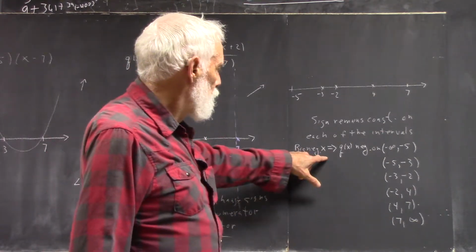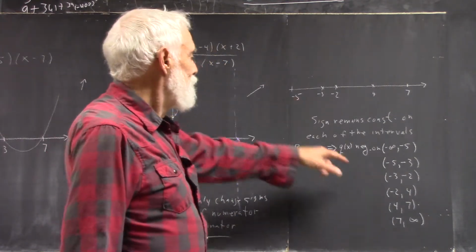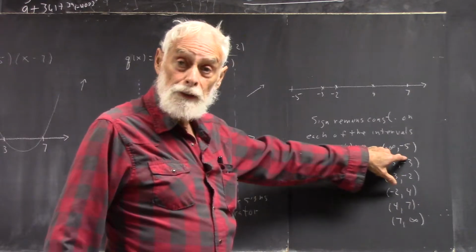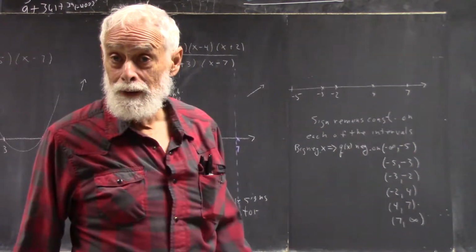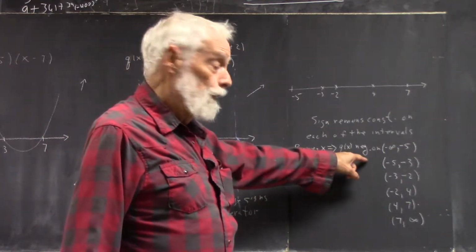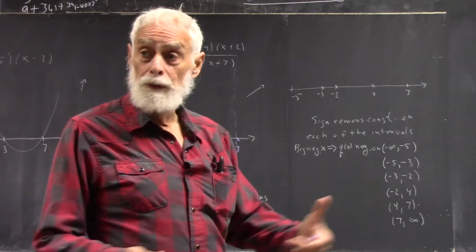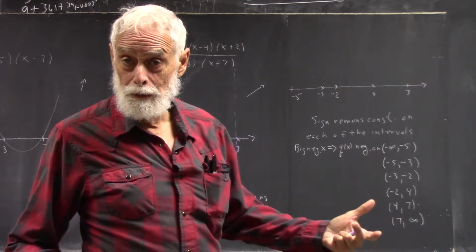a big negative x. In other words, you have big negative x's in this interval, so just pick a big negative x, and you can reason out that q of x is negative on this interval, just the way you always reason out far left behavior. Okay?